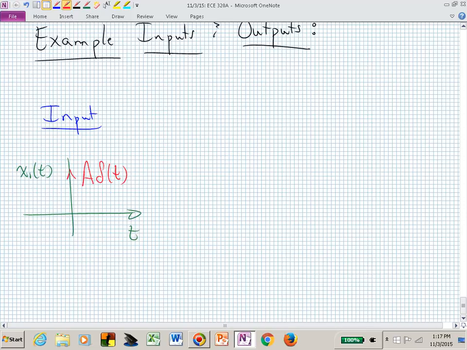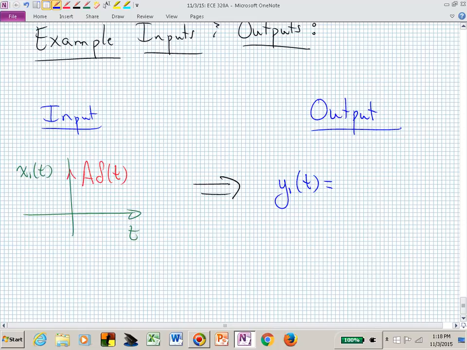If this is x sub 1 of t, what's the output, in terms of y, h, and x? y1 of t equals. I'm telling you that you can use x, h, and y in your answer, and I've already used up y.